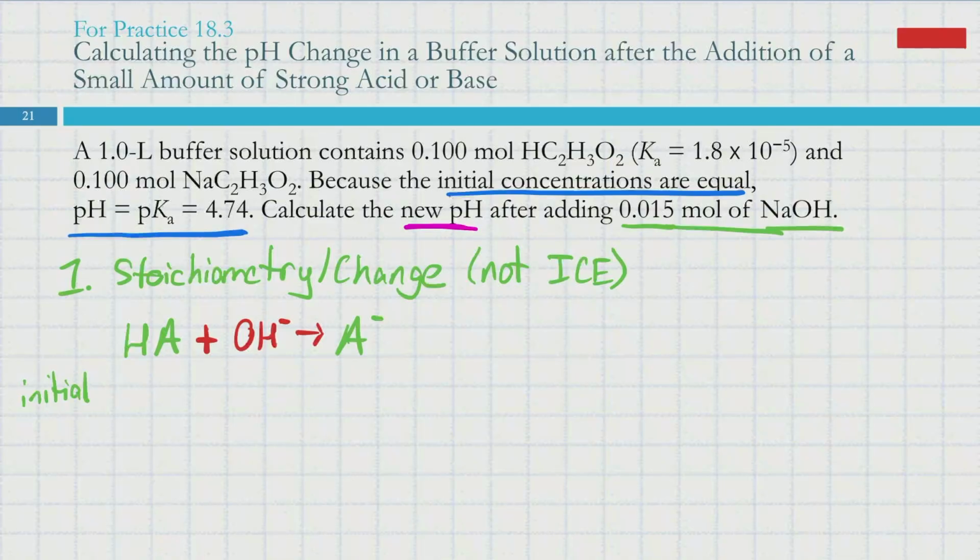So our initial amounts, 0.100 for both our weak acid and our conjugate base, and we're adding in 0.015 moles of our hydroxide. So we're going to use up all of our hydroxide reacting that with the HA.